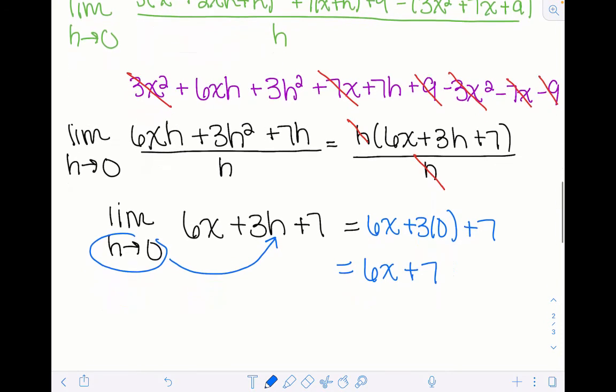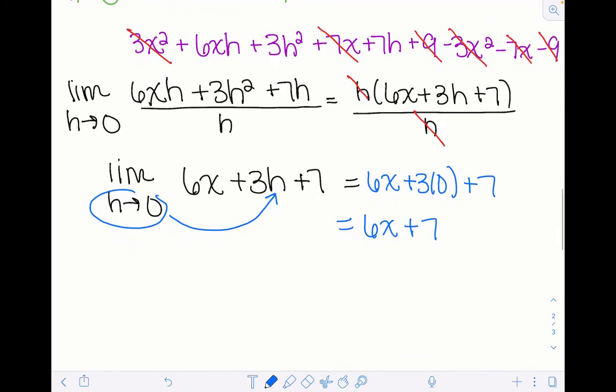So in this case we have a function as an answer, and this is actually the derivative. So we could say that f prime of x is equal to 6x plus 7, and then I'm going to go ahead and write the original function too.